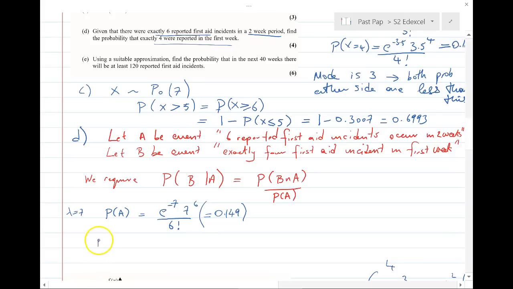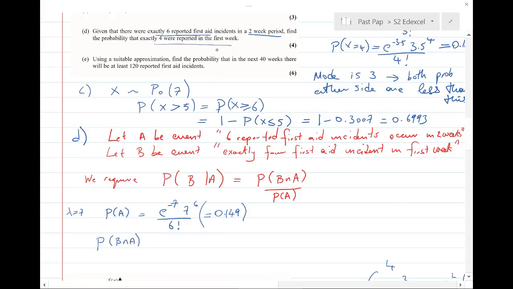Now the bottom, let's think about how we work that out. That means that both happen. That means that B occurs, in other words, that we know that 6 have occurred in 2 weeks, and A occurs, that 4 happen in the first week.